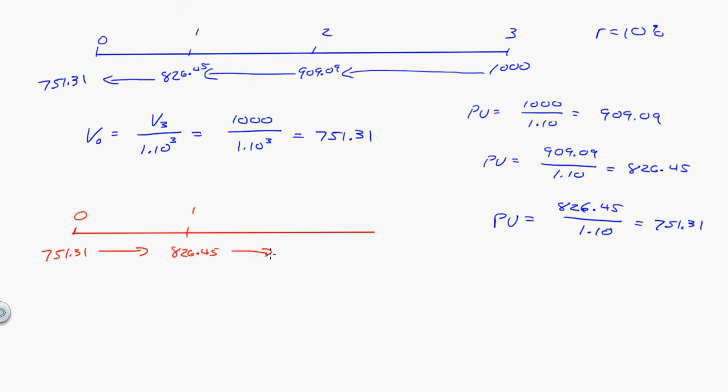At time 2, it would be worth 909.09, and at time 3, it would be worth 1,000, because each one of these is 751.31 times 1.1 is equal to the 826. So I'm going up, multiplying each time by 1.1. Alright, so hopefully that makes some sense.